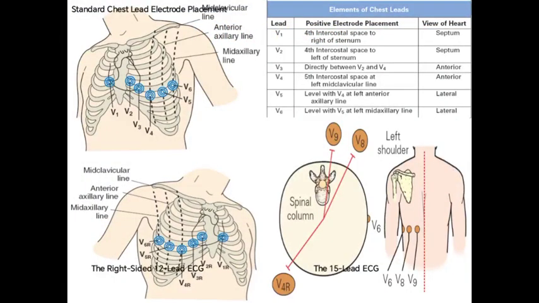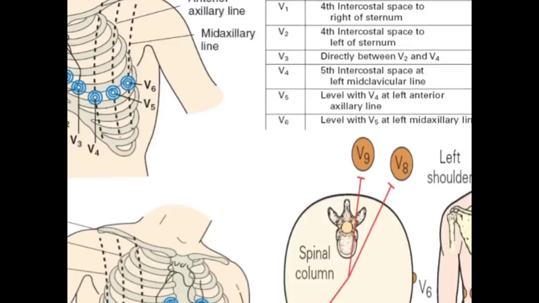This is where to put the standard chest leads and the limb leads for the ECG on the human body. Here you have the chest leads on the chest.